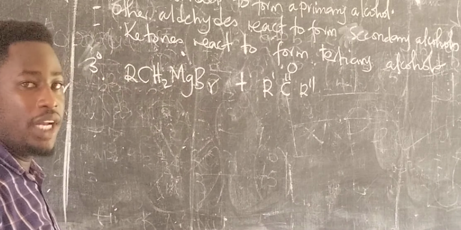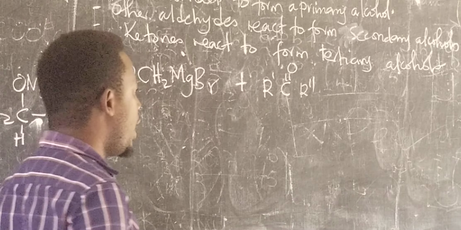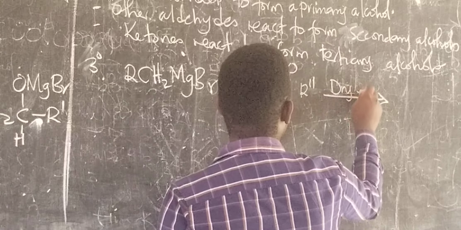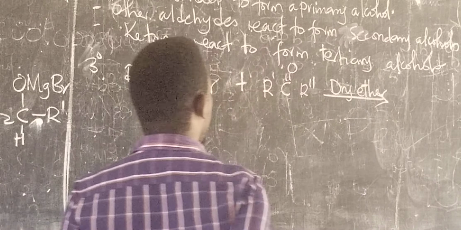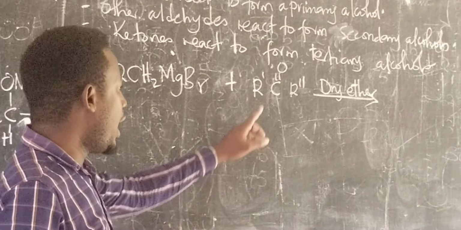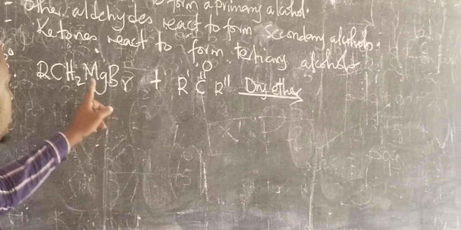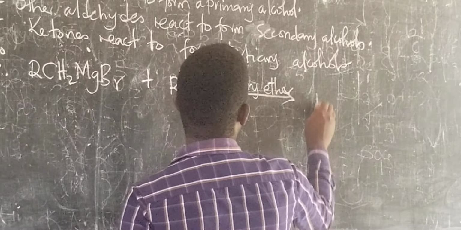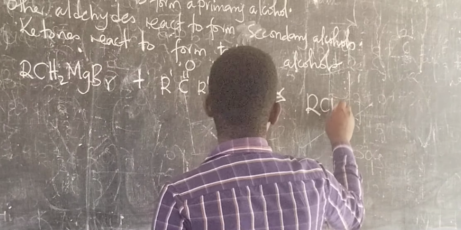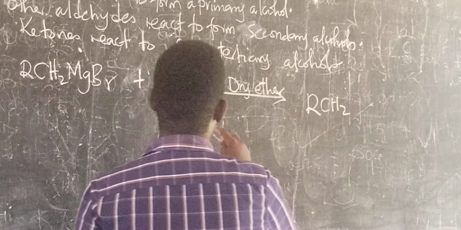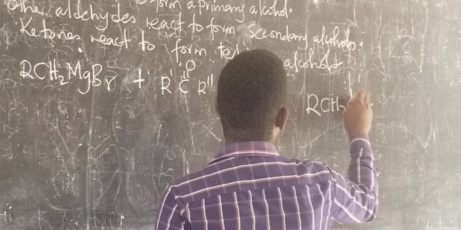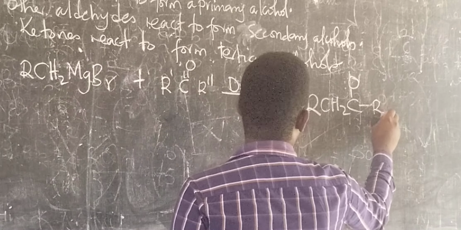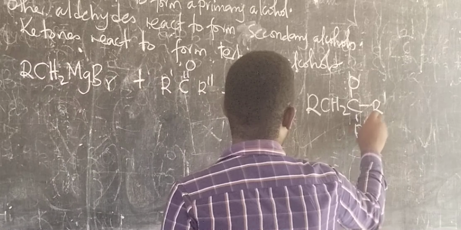But still remember, Grignard reagents react in presence of dry ether. So in presence of dry ether, what do I form? This carbon oxygen double bond comes and punches itself here using its double bond. So we are going to have R CH2, then this carbon which has oxygen, R prime here and R double prime here.